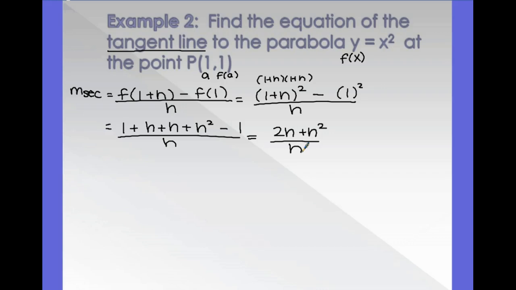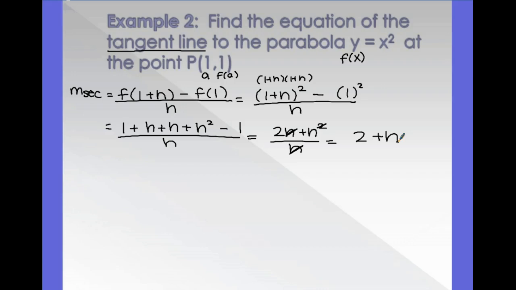If I have h squared and an h in the denominator, I can cancel one of each. So I get 2 plus h. That means the slope of the secant is 2 plus h.